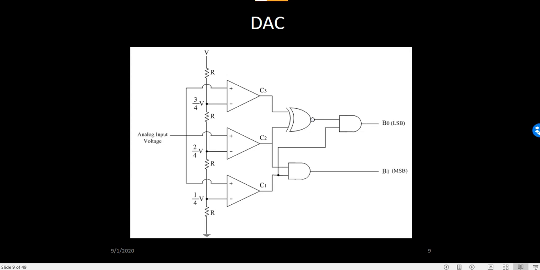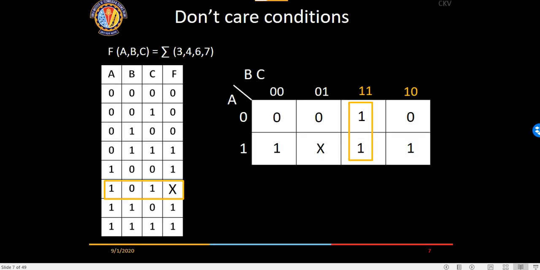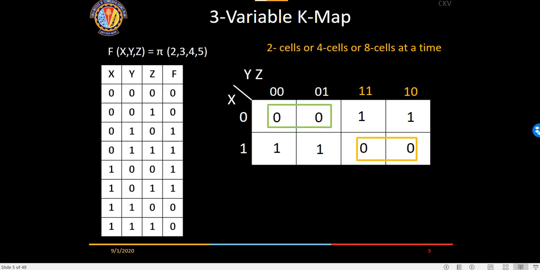Sir, in the 3 variable case, we write x bar, y, and so on in x, y, z. If we are taking the x0 and x1 box, the vertical box, in the green box, x is not changing.